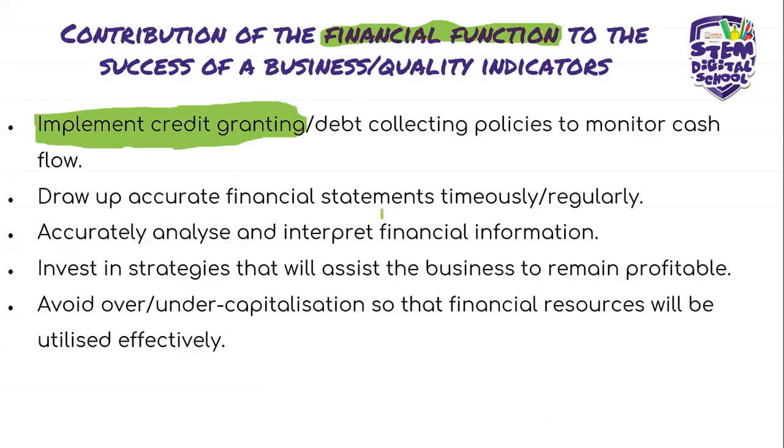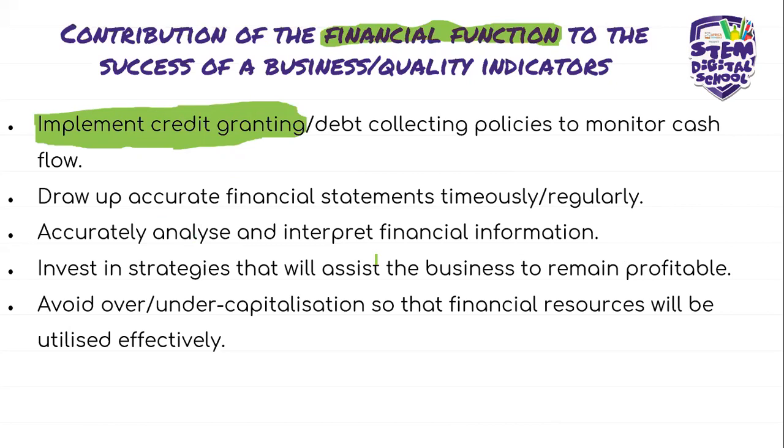Accurately analyze and interpret financial information. You must do that. So basically, you must say, okay, last month I bought 5,000 of electricity. This month I bought 4,000 of electricity. You must sit down and say, okay, there was a decrease of 1,000 rand. How did that decrease happen? Maybe you are using your machines wisely now. All your workers are familiar with the work now.